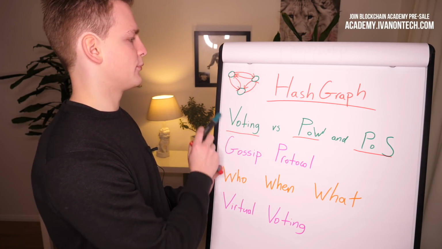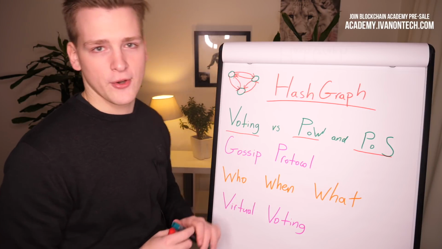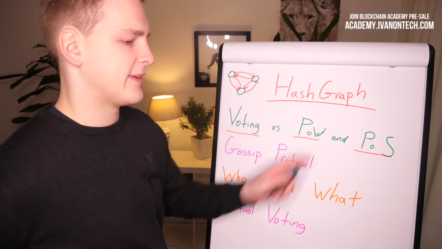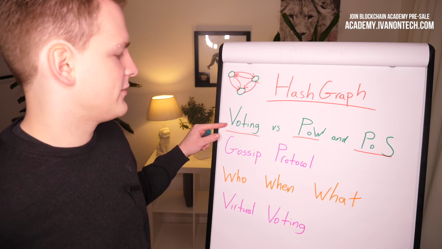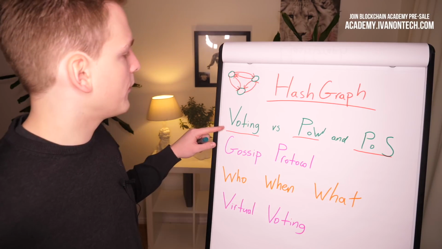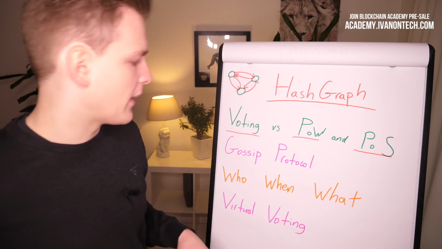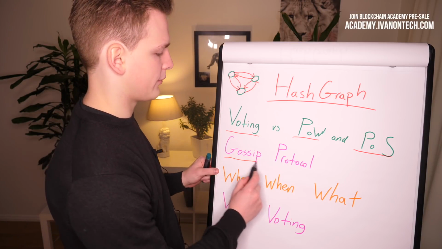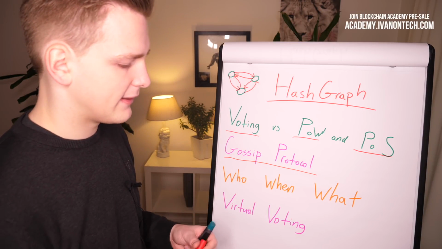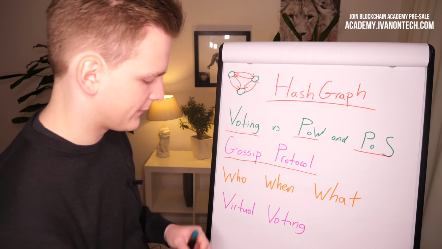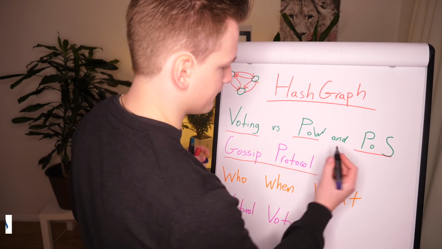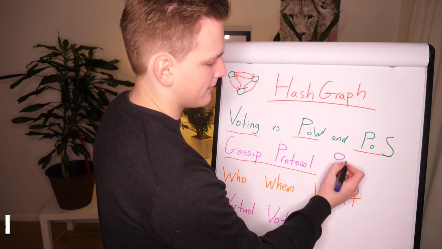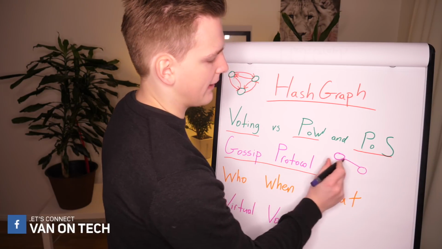because they see this potential and this advantage of voting. So they try to build this data structure, HashGraph, in such a way that it has all of the advantages of voting algorithms without the bandwidth disadvantage. So how do they do that? Well, they developed something called a gossip protocol. If I'm a node in the network and I get some information, I will randomly pick another node and tell them everything I know.